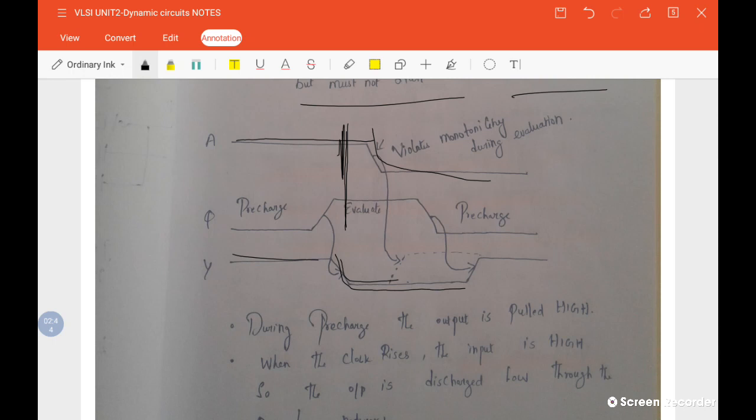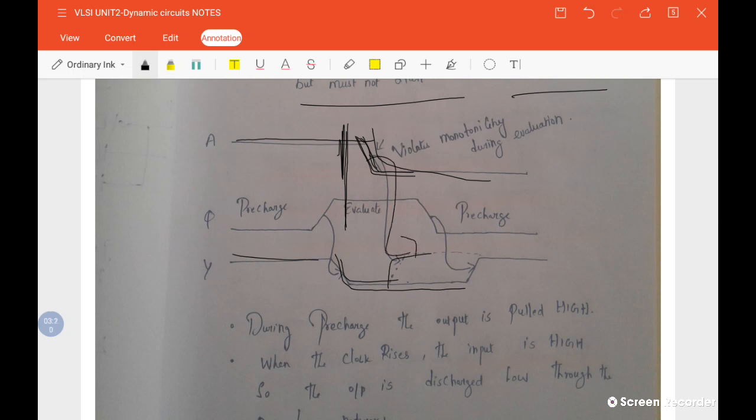But unfortunately, during evaluation mode, if your input signal goes low, see here your input is going low. During evaluation, the input reaches from high to low. When it does, your PMOS transistor still has phi equal to 1, so your PMOS is still off. Actually, what we expect is, when input is low, for an inverter, your output must rise. See, at this point your input is coming to low, so at this stage your output must rise.